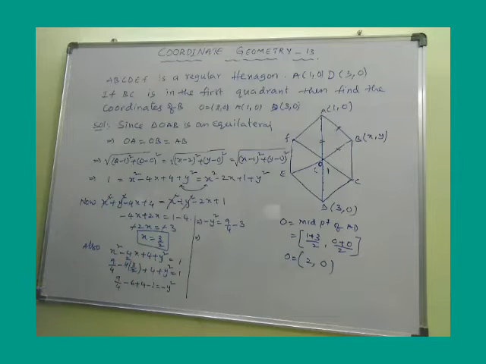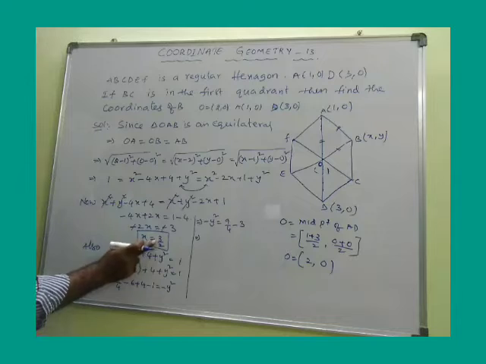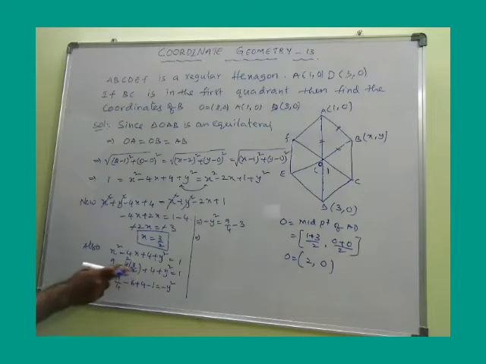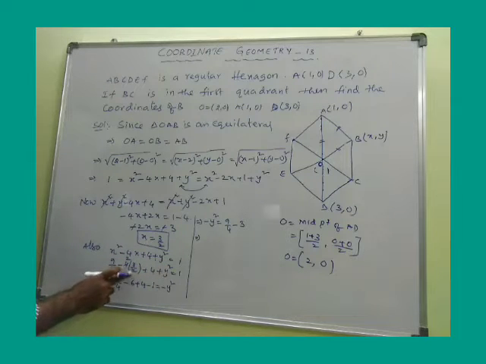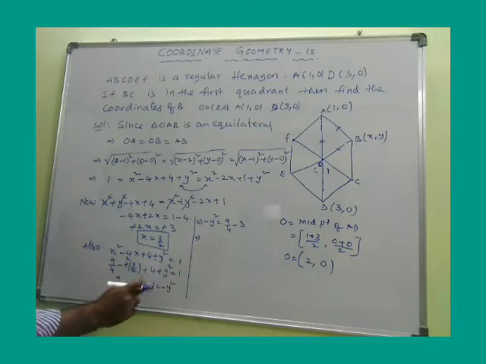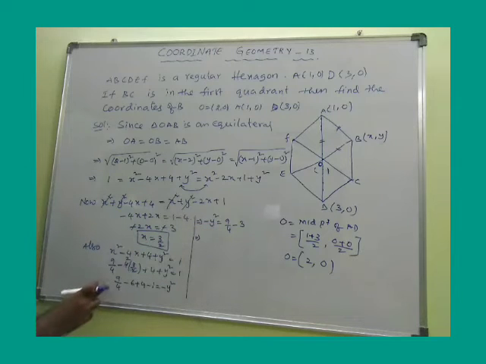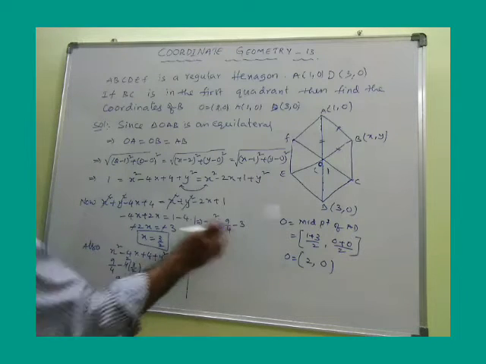Substitute the x value here. x square is 3 by 2 whole square, which is 9 by 4, minus 4 into, once again the x value 3 by 2, plus 4 plus y square is equal to 1. 4 into 3 by 2, 2 times. Now 9 by 4 minus 6 plus 4, bring the 1 this side, minus 1, which is equal to minus y square. So minus y square is equal to 9 by 4 minus 6 minus 1 plus 4, which is minus 3.